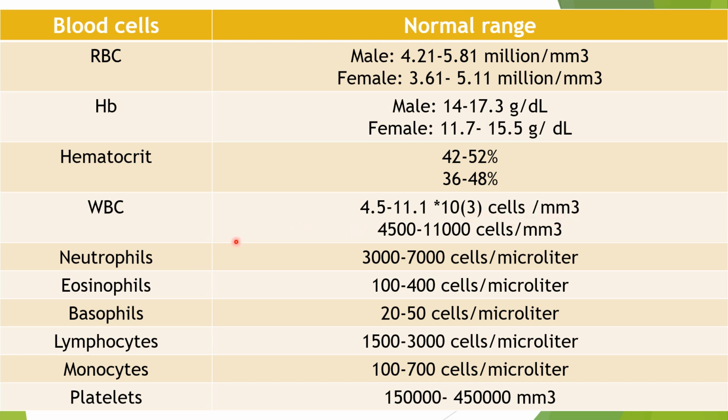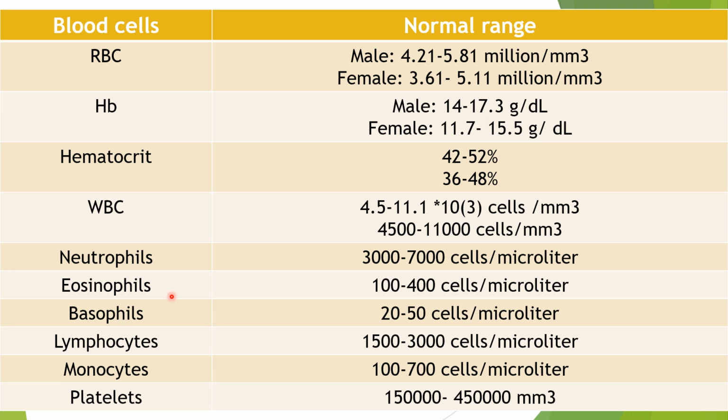The neutrophil, eosinophil, basophil, lymphocytes and monocytes can be counted as cells per microliter or as a percentage. Neutrophil count is 3000 to 7000 cells per microliter, or 59%. Eosinophils, 100 to 400 cells per microliter, or 2.7%.